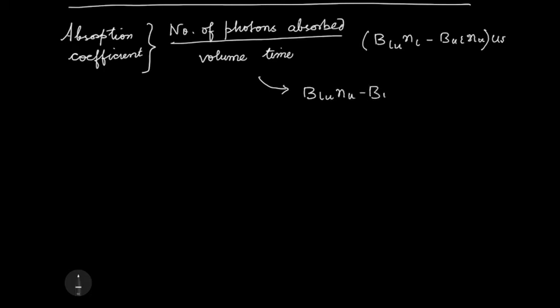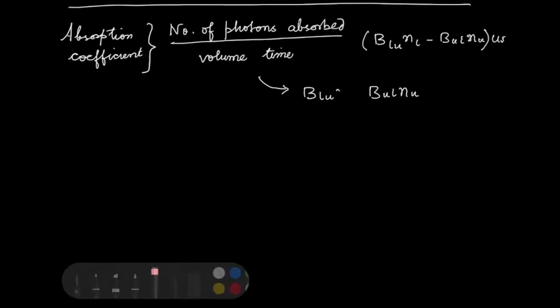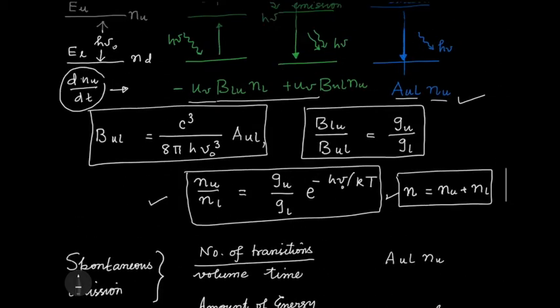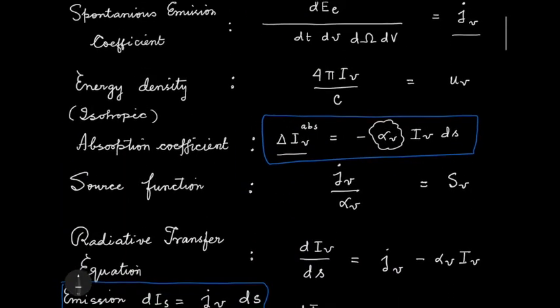I can write the same thing also in terms of specific intensity, because I know for a given isotropic absorption, in this case, with a photon number density u nu, there will be I nu of isotropic radiation absorbed.